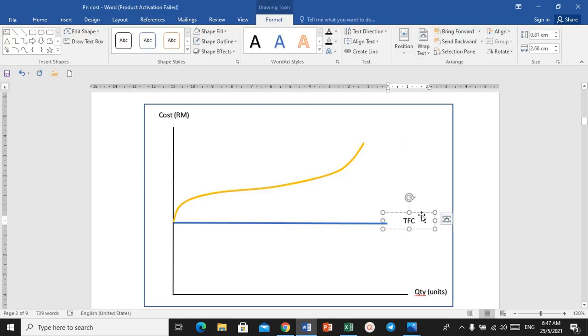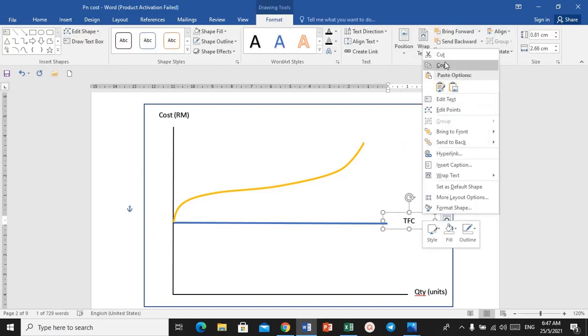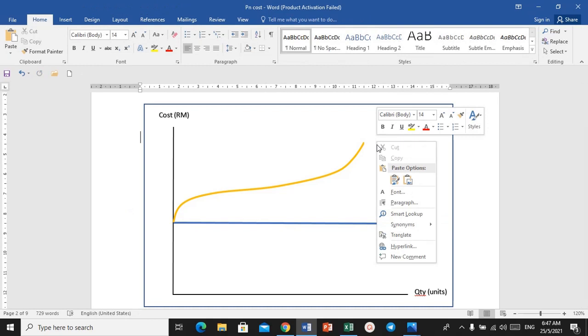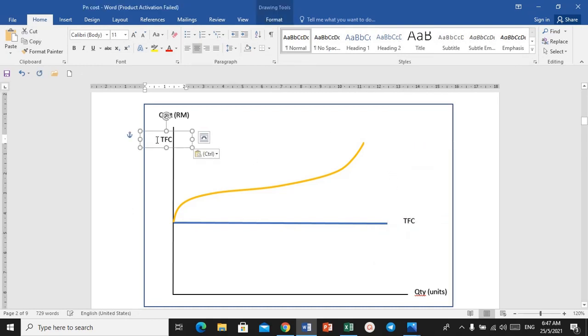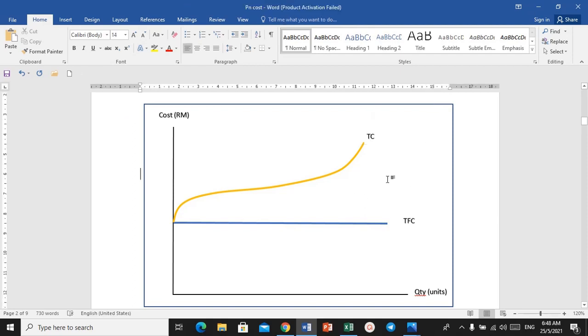Okay, so I'm going to label this. I'm going to name this curve total cost. That's it. So you need to have your total cost curve curving, dia melengkung-lengkung macam ni, and it should start here.